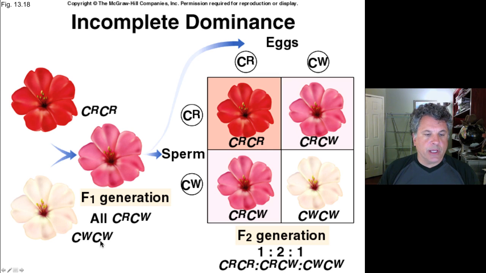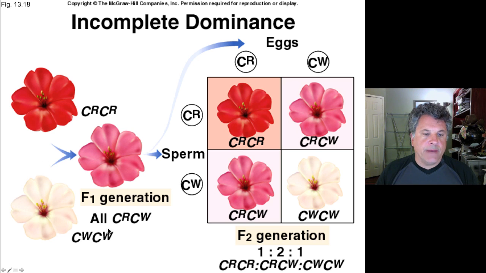So here's the color allele, and now we have homozygosity for the white allele. And if these are crossed, we get an F1 generation that is heterozygous for the red and white alleles, and those flowers are pink. Now, Mendel never observed any type of intermediate phenotype like that, but we call this incomplete dominance, whereby the heterozygote has a phenotype that is intermediate between the two homozygotes.